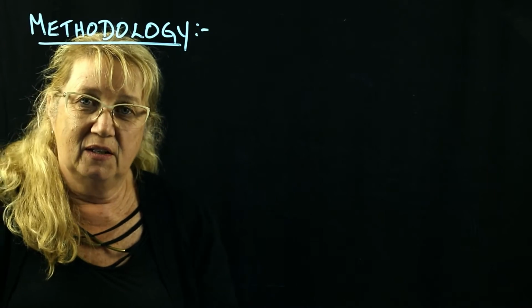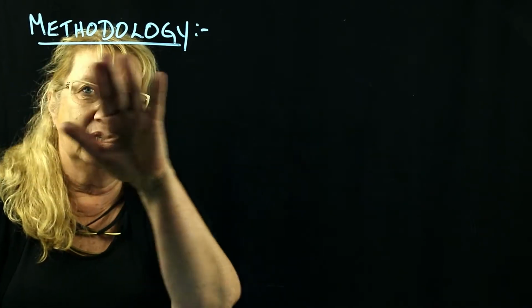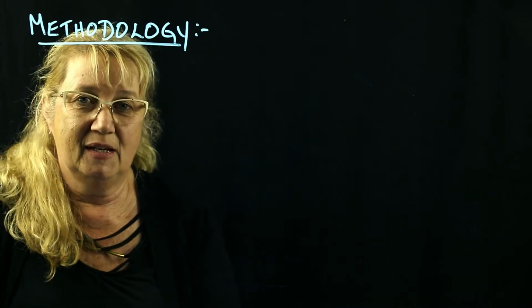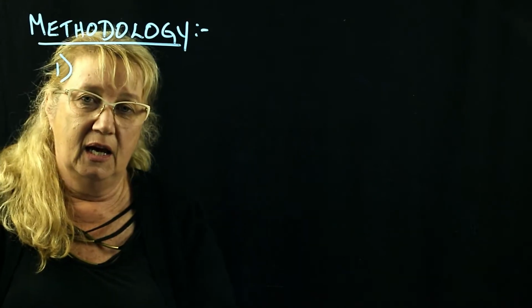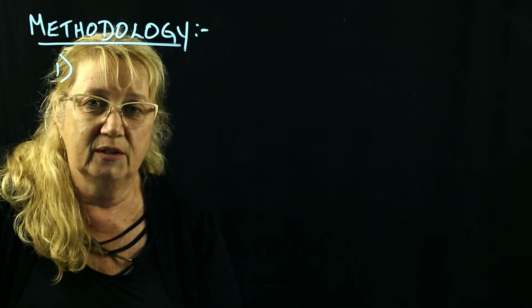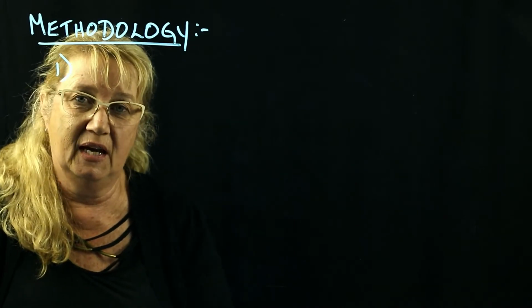Let's get down to that methodology then. This section of your scientific report is fairly straightforward in its structure. You can begin it with a little subheading that says methodology. You then need to include a hyperlink to your original prac, the class prac that you modified to create your investigation.